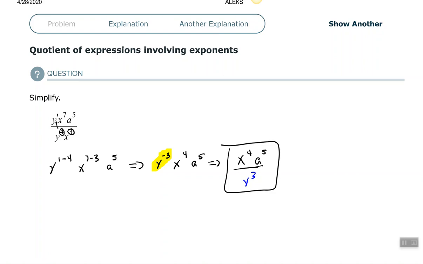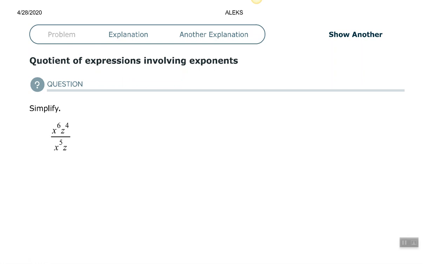All right, let's look at one more. So here we have x to the 6th times z to the 4th over x to the 5th times z to the 1st. So again, we will use our quotient rule. So we have x to the 6th minus 5, because we had this x to the 5th in our denominator.